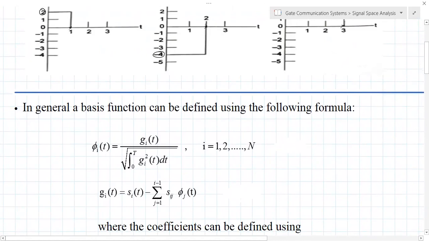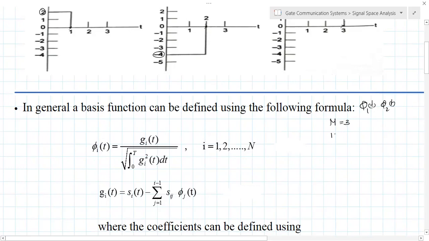So in general, this phi i of t is an orthonormal basis function. Orthonormal basis functions are represented as phi 1 of t, phi 2 of t, etc. So assume that there are n orthonormal basis functions. And in the question, it is given three signals, S1, S2, S3, so the value of m is equal to 3.